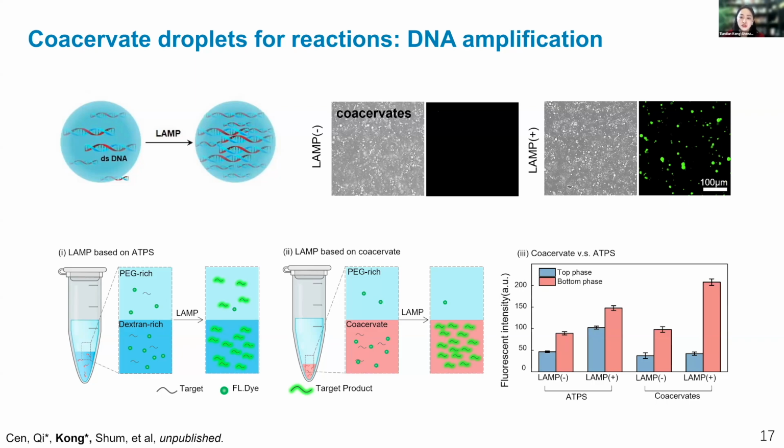Crucially, each coacervate droplet functions as its own microreactor, so the reaction in one droplet doesn't interfere with the others. This is because coacervate droplets can effectively concentrate DNA primers and enzymes in these dense droplets, which host highly efficient reactions.